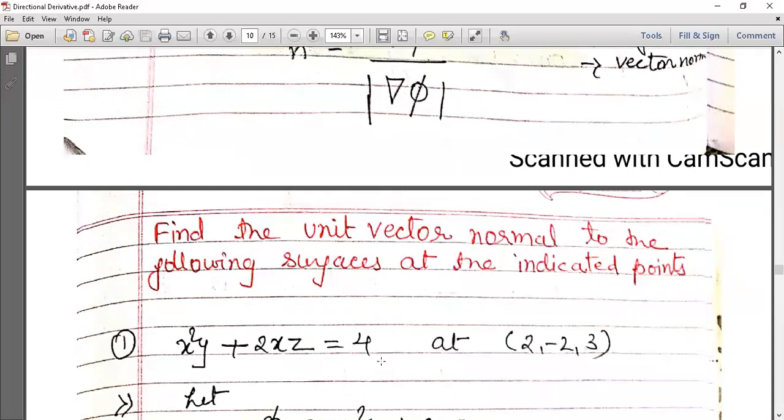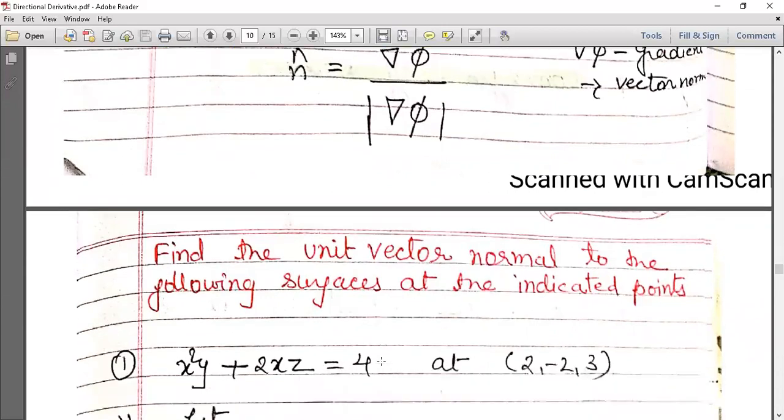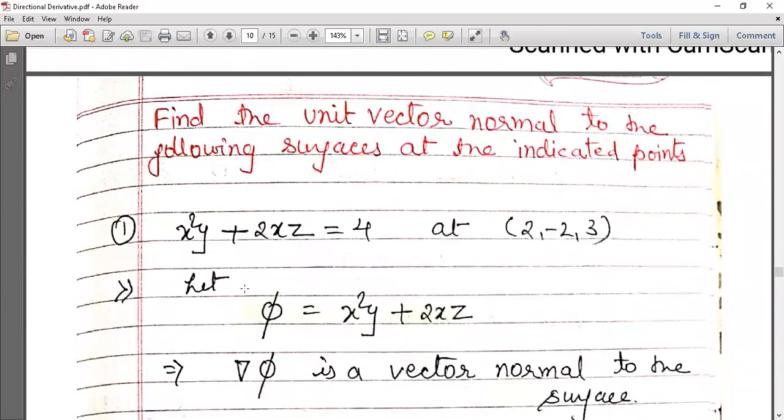Now what you are required to do is find the unit vector normal. You first consider the given function as phi, x square y plus 2xz. The 4 on the other side we are not considering because it is a constant, so we are finding for a common function.